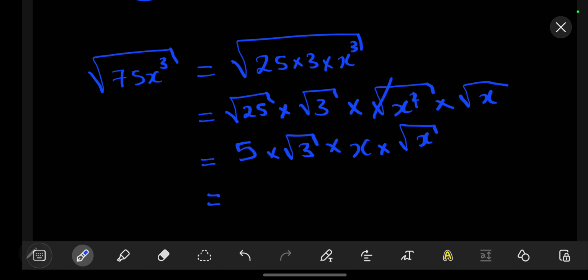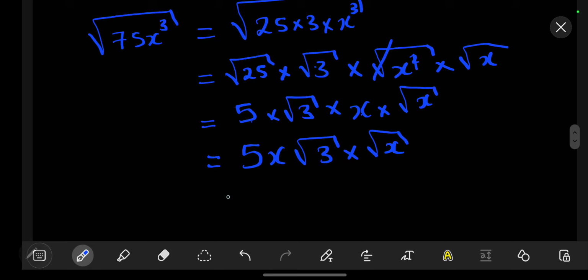What is outside multiplies what is outside. What is inside has the capability of multiplying what is inside. That's why we can go back. If we do 25 times 3, it's still 75. In this case, what is outside multiplies what is outside, so we have 5x, then the square root of 3 times the square root of x.